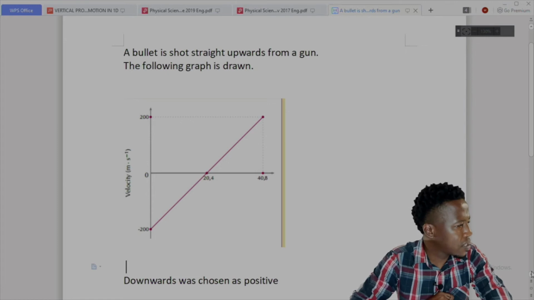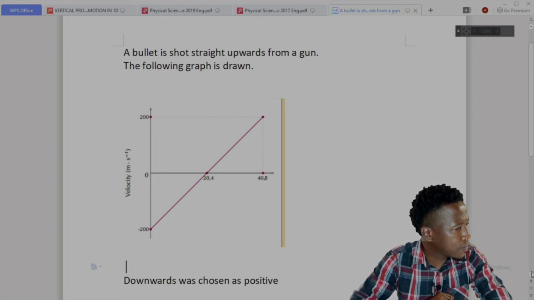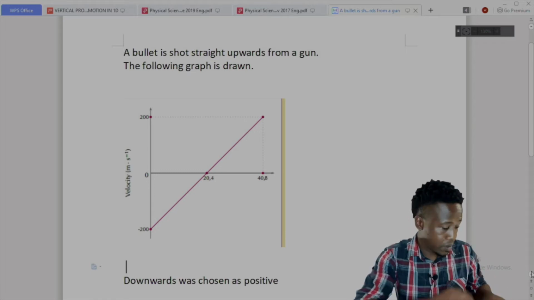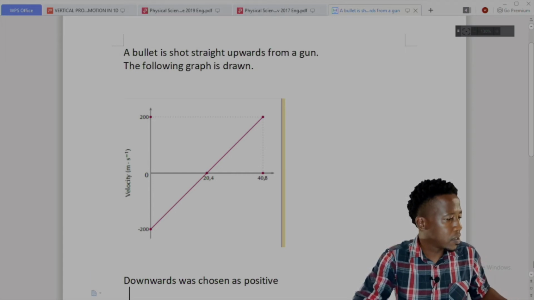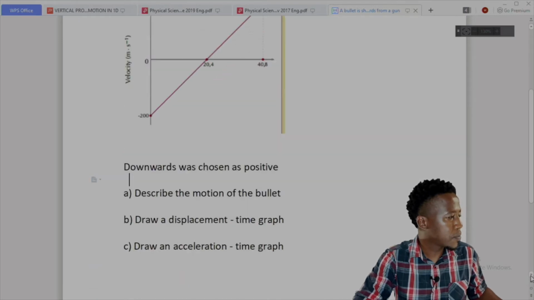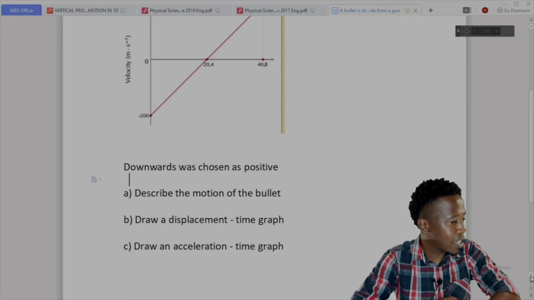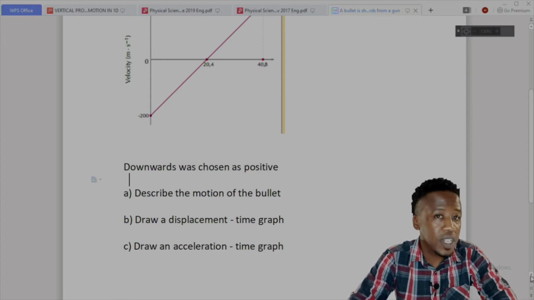Now let's look at our first example, which says a bullet is shot straight upwards from a gun. Now the following graph is drawn, right? And then it continues to say downwards was chosen as positive, which is very important, guys.